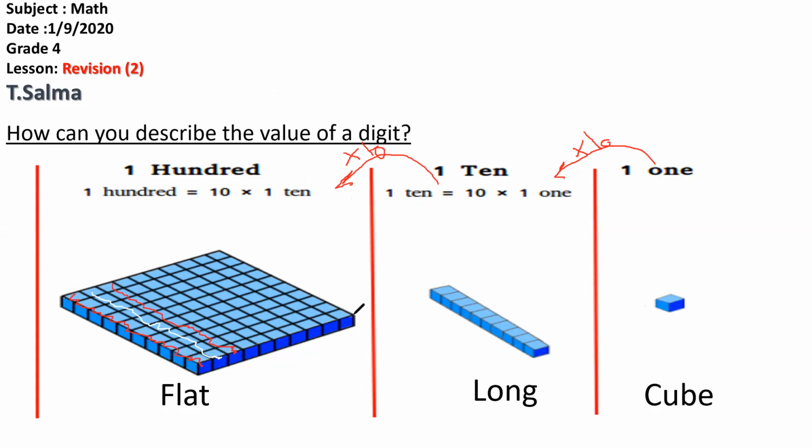So this is how you describe the digits. The value of the ones digit by a small cube, the tens by a long, and the hundreds by a flat. Okay? Memorize this.